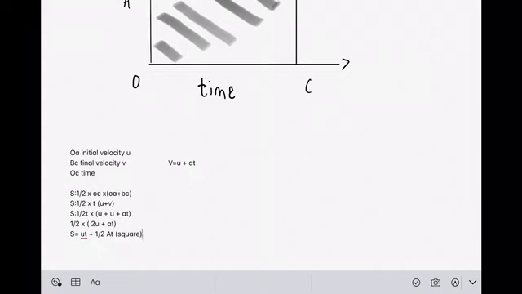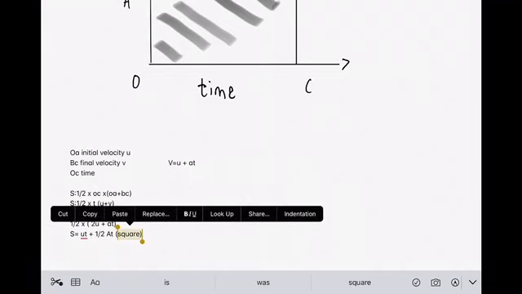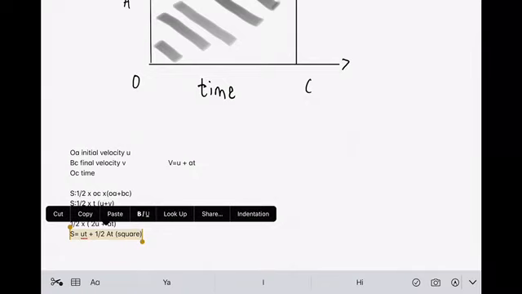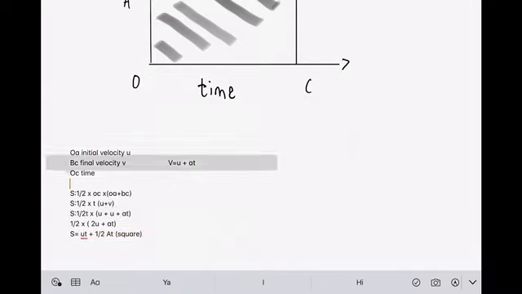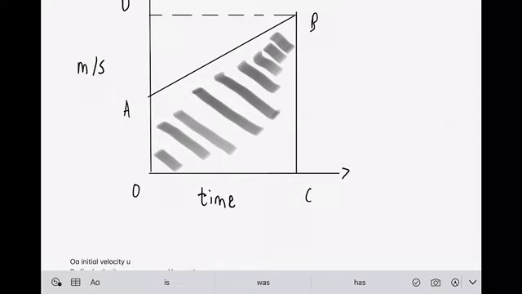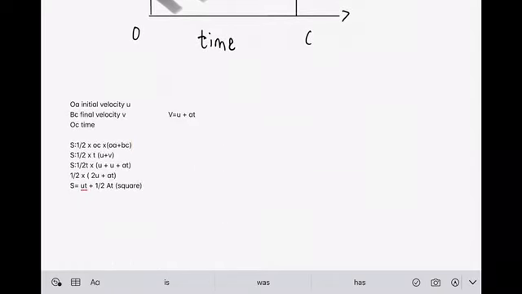So this at the end will give us the formula for the displacement. So we used all of this information to figure out the formula for displacement. Ut plus half at square equals to displacement formula. So what I showed you earlier is not the formula, but it actually is an equation to find another formula.